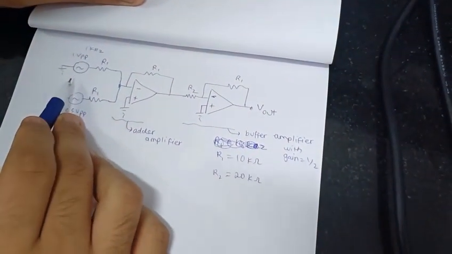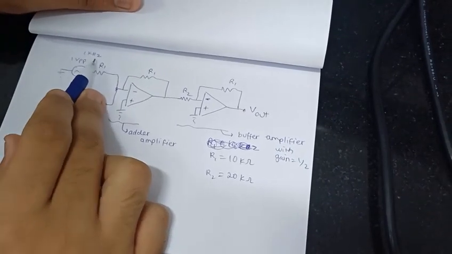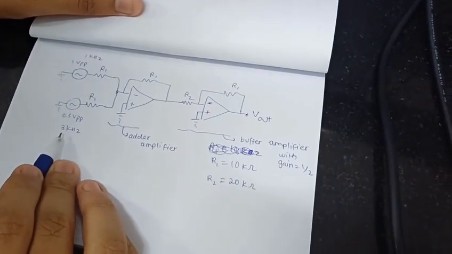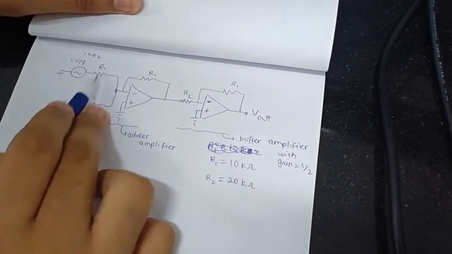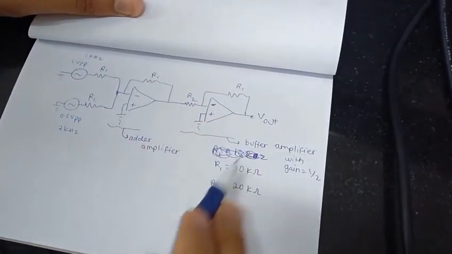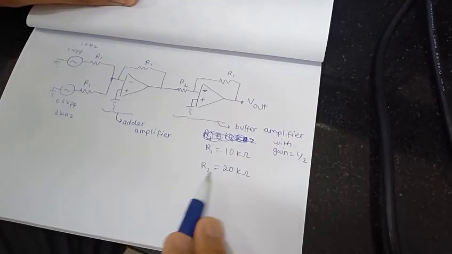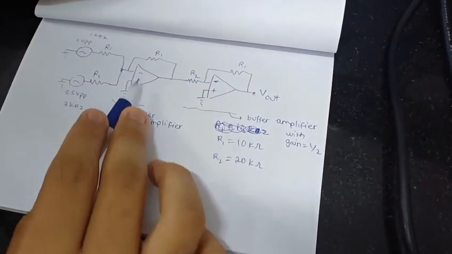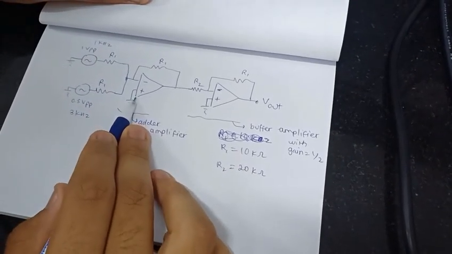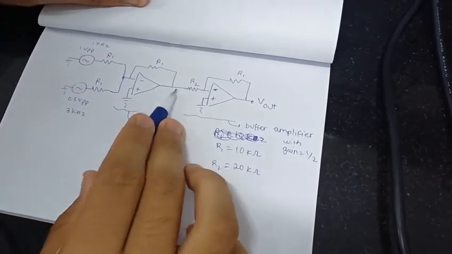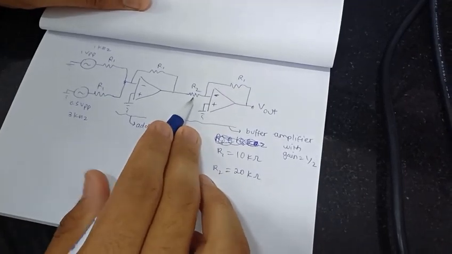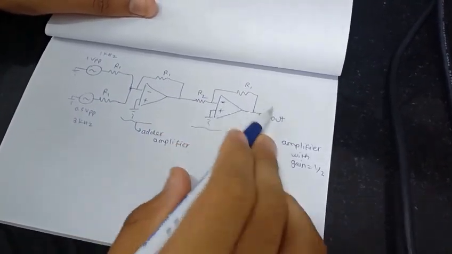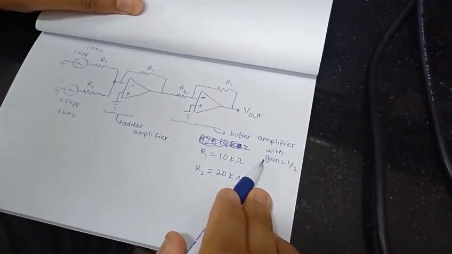Here, as you can see, we have taken a 1 volt peak to peak 1 kilohertz signal, and here a 0.5 volt peak to peak 3 kilohertz signal, with resistors R1, R1, R1, R2 and R1, where R1 is 10 kilo ohm and R2 is 20 kilo ohm. Here the gain would be 1, so it acts as a unity gain adder. And here we have taken R2 as 20 and R1 as 10, so the gain would be half, as R1 by R2 is half, so it is a buffer amplifier with gain half.